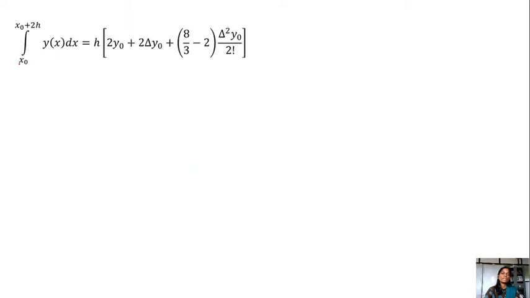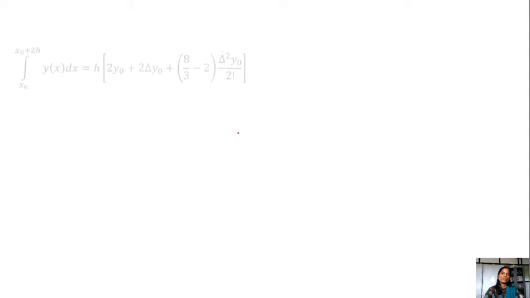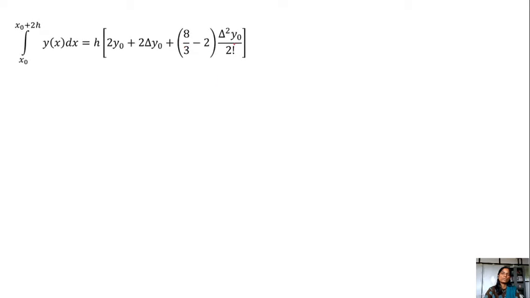Simplify this. In the LHS the integration will be from x naught to x naught plus twice h of y dx, which is equal to h outside 2 y naught plus 2 delta y naught, and remember that formula, you are putting n equal to 2 here. So 2 cube upon 3 is 8 by 3, and 2 square upon 2, the 2 cancels, and at the numerator you will get 2. So it is 8 by 3 minus 2 delta square y naught upon 2 factorial.